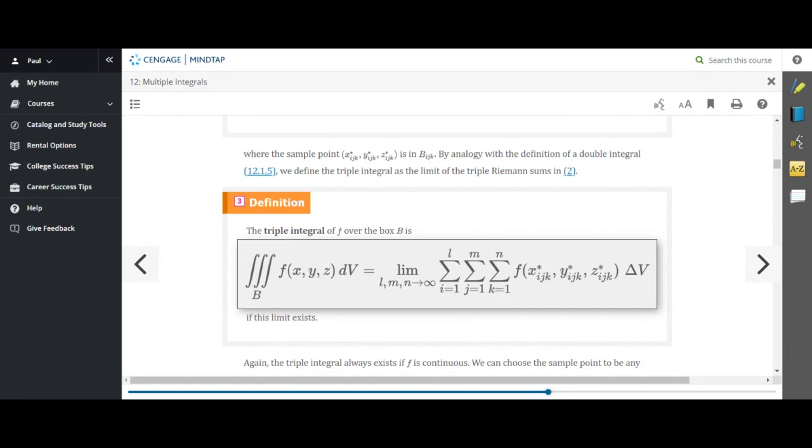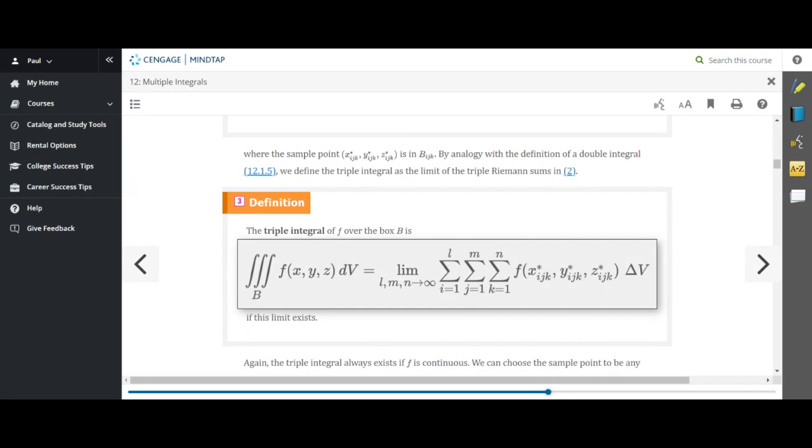So just like when you did double integrals, you did an iteration, right? You iterated the double integral so that you would integrate with respect to one variable and then get your result and then integrate with respect to the other variable. Well, with triple integrals, you're not going to iterate twice, but you're going to iterate 3 times.